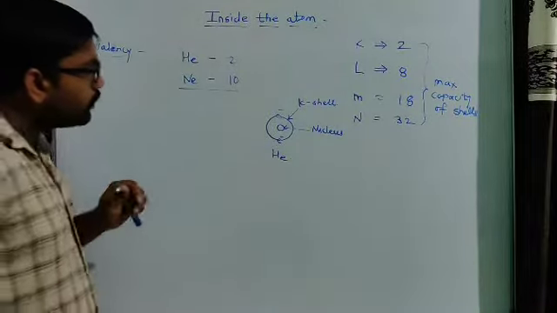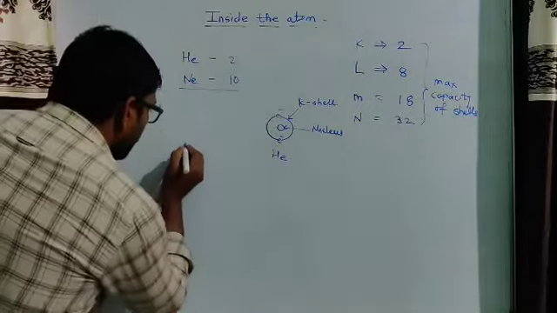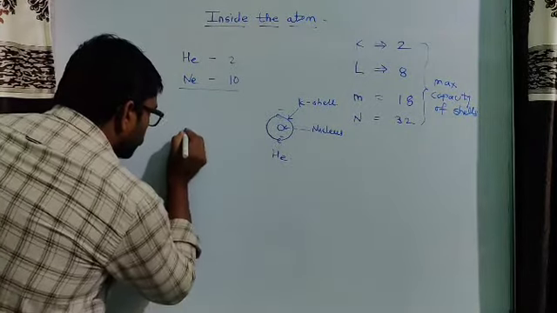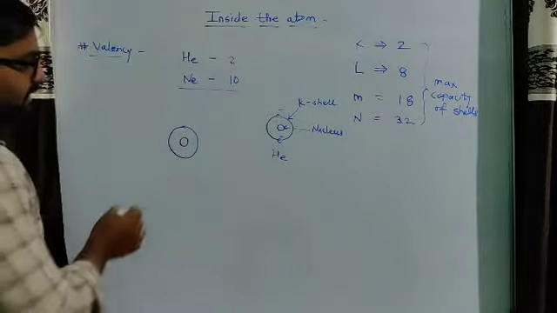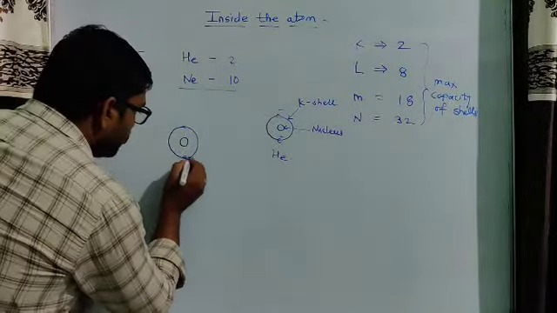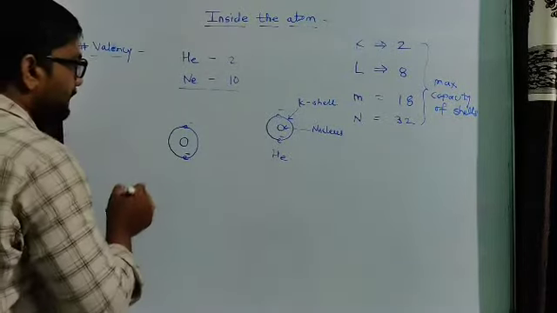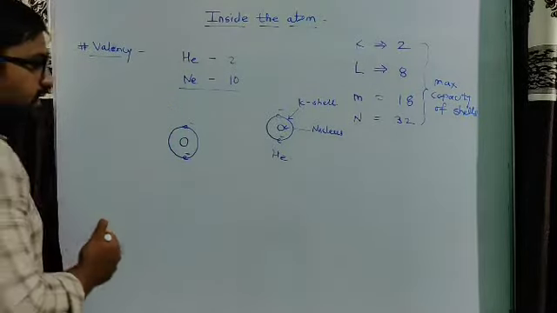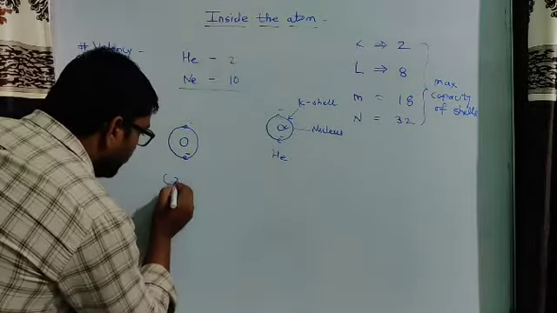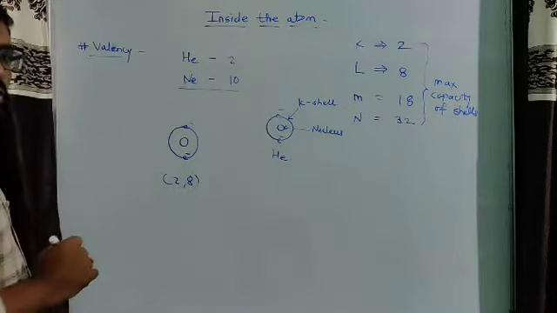Also, one more example we have to see, that is neon. It has 10 electrons. This is the nucleus, this is the first shell, the K shell. In the K shell we know only a maximum of 2 electrons can stay. Then the remaining electrons go to the next shell. If you write the electronic configuration, it will be 2, 8.